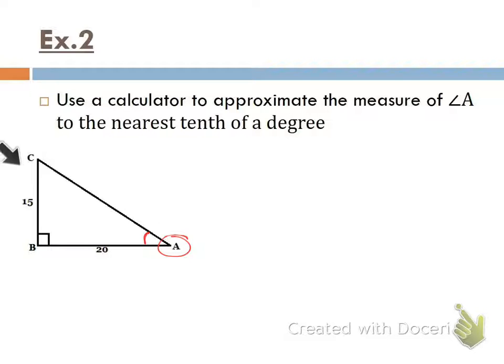So, the 15 represents which side of my triangle? Opposite. The 20 represents which side? Adjacent. So which trig function is appropriate? Tangent. So we should start it off with the tangent of angle A. Always put an angle right next to a trig function.